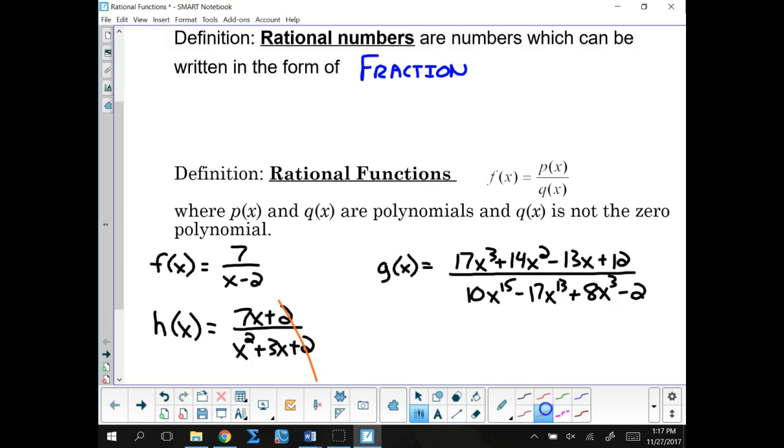This is bad math. If I'm going to cancel something out, it has to come out of both on the top. No, it doesn't. I didn't do anything to the 7x. You've got to do parentheses. You've got to factor.